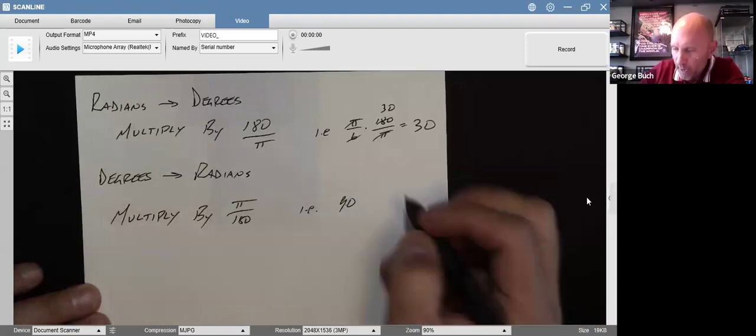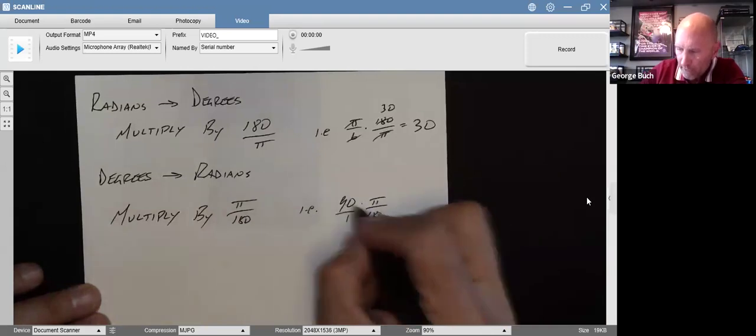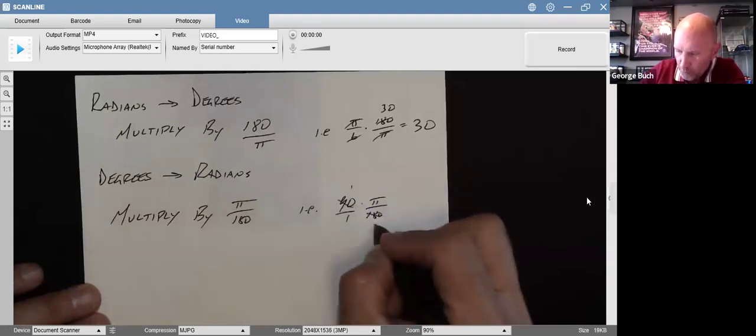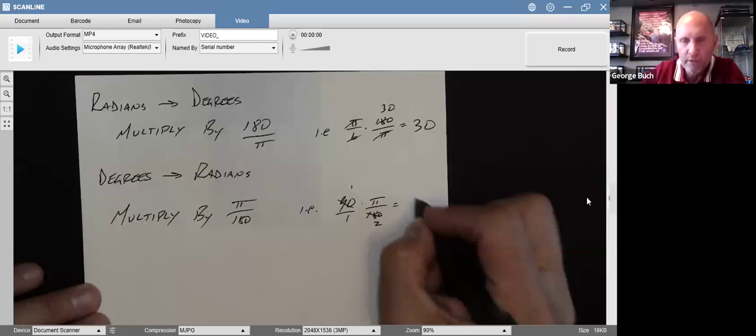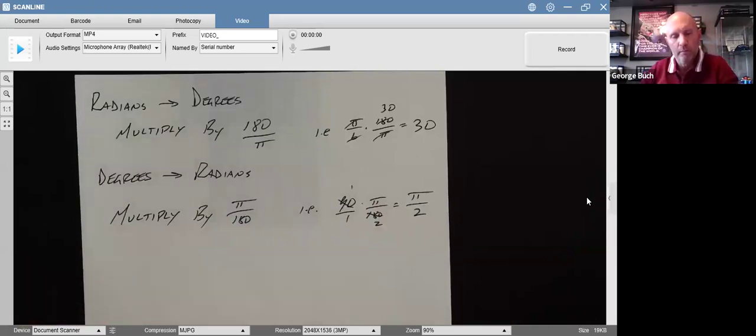I multiply by pi over 180. 90 cancels with the 180, leaving me 2. So as we already know, we just saw in the unit circle, 90 degrees is the same as pi over 2 radians. So those are the two formulas you're going to need to go back and forth between degrees and radians.